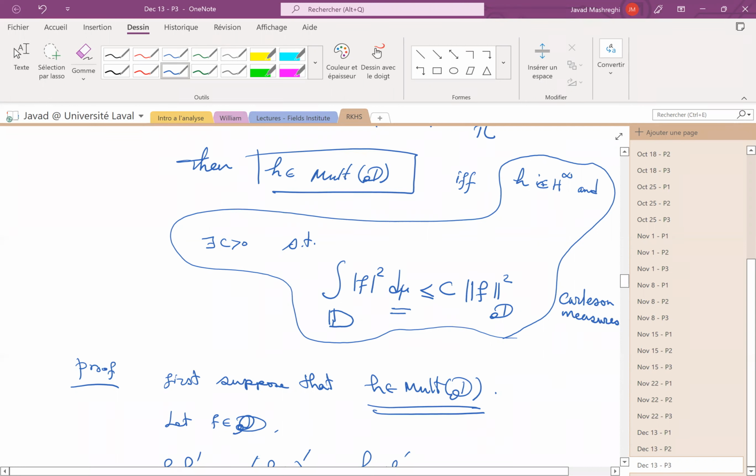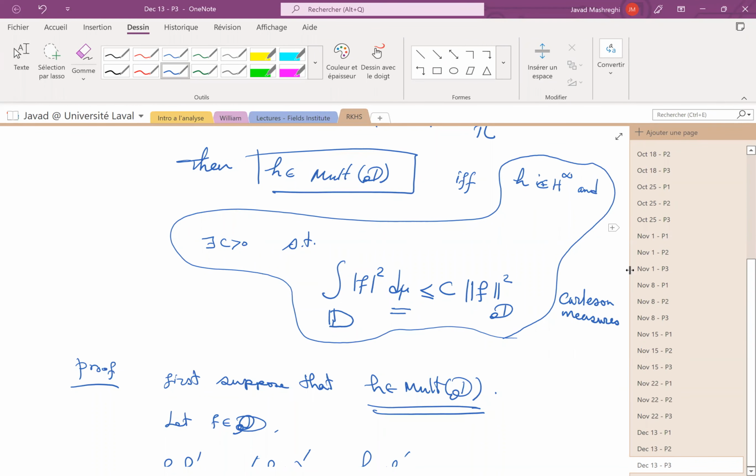And now there is an independent study for characterizing the Carlson measure for the Dirichlet spaces. This is successful. And again, not something as easy as the Carlson measures for the Hardy space or even for the Bergman space. We have a very nice and beautiful characterization for those spaces.